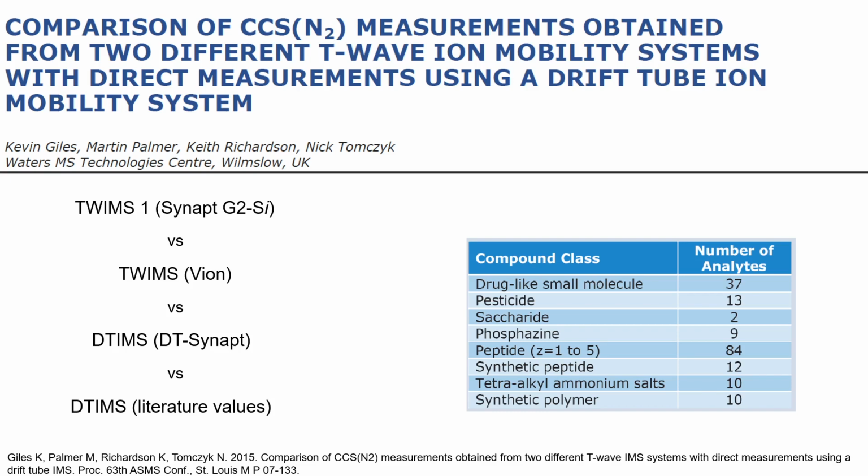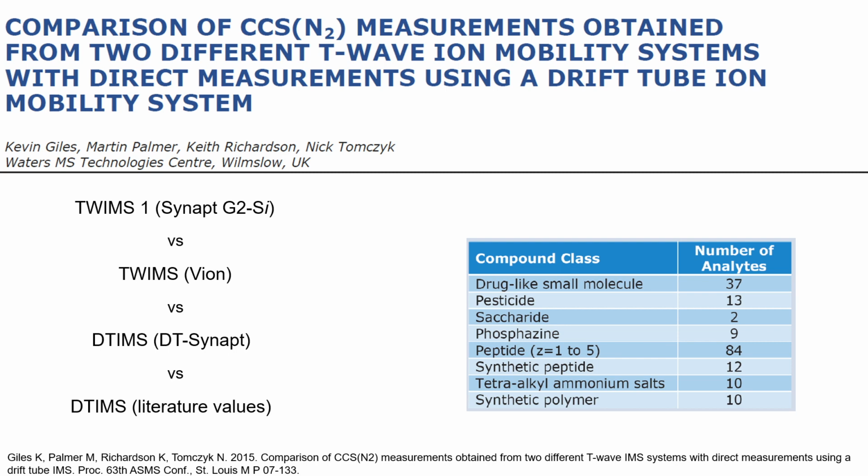Earlier in 2015, the Waters Research and Development Team presented a poster at IMS-MS, which focused on the assessment of precision and robustness of CCS values derived from traveling wave instruments, and made a direct comparison with drift tube CCS values available from the literature.